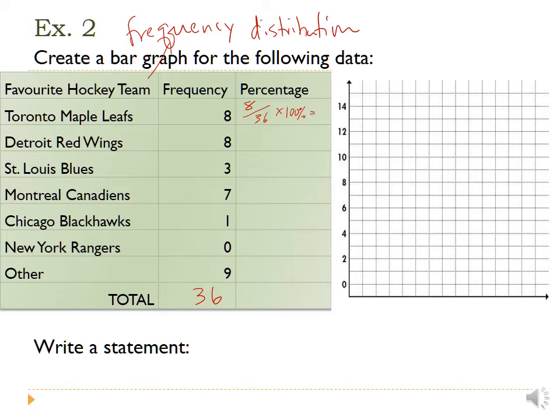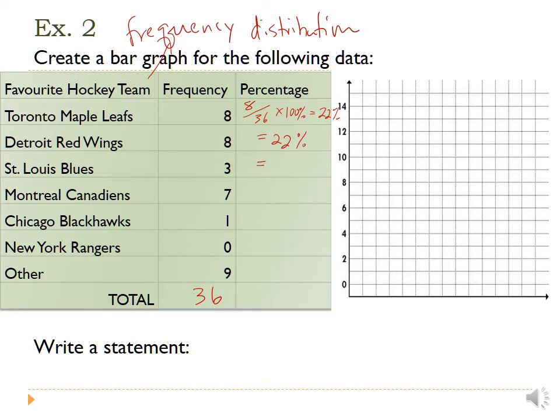So type that in your calculator. 8 divided by 36 times 100, and we'll go to the nearest whole number, 22%. Detroit Red Wings, we lucked out, it was also 8, we know the answer to that, 22%.